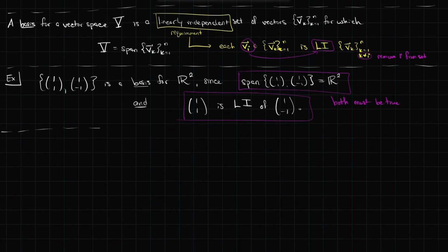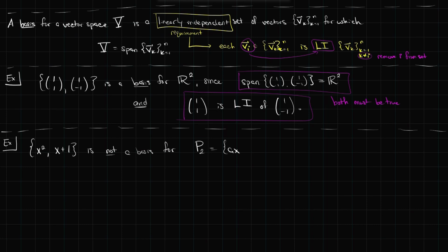Let's look at an example of something which isn't a basis. If I do x squared and x plus 1, that is not a basis for this set of quadratic polynomials, since we can prove fairly easily that the span of this set is not the whole space.